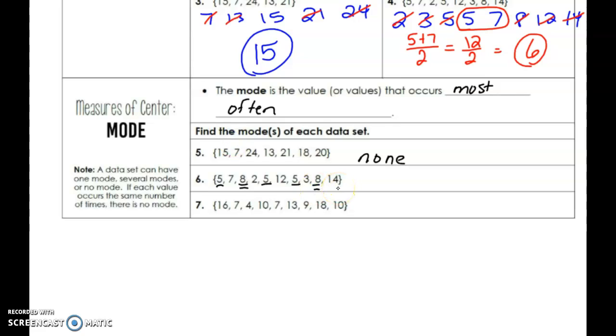I think that's it. Which one did we have the most of? We had the most 5s. Okay, go ahead and pause it and try number 7. All right, we have 2 7s and 2 10s. So since there was a tie for it, they both could be the mode.